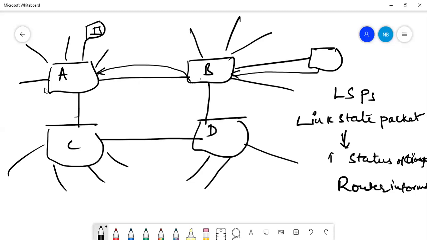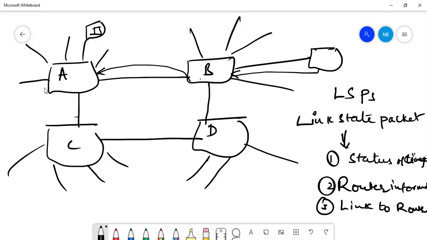First, the status of the link. Second, router information. And what are the different links connected to that particular router.